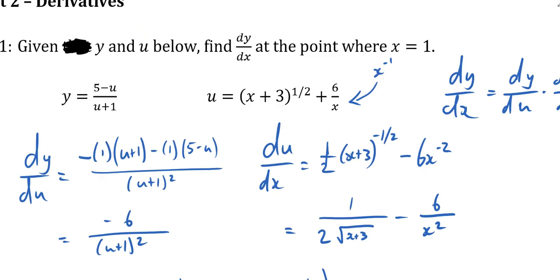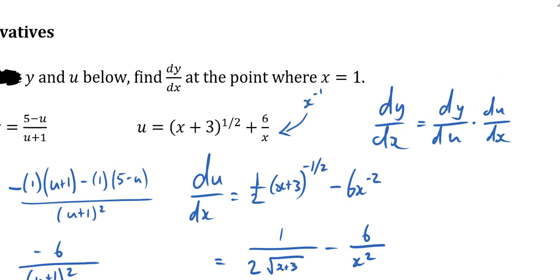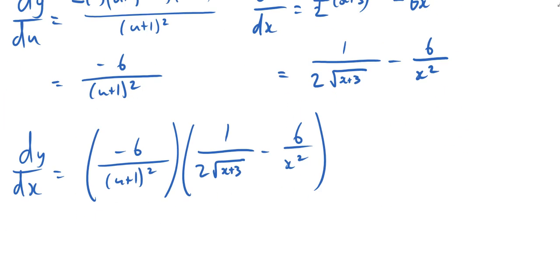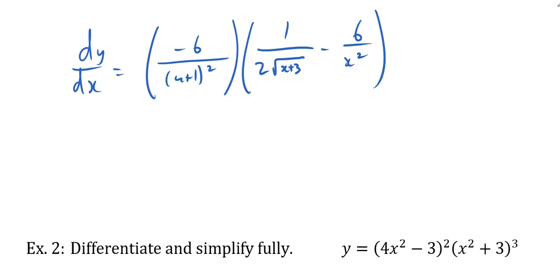I would leave it as u, and then what we're going to realize is if x equals 1, then u equals the square root of 1 plus 3, plus 6 over 1. So that's 2 plus 6, which is 8. So if x is 1, u is 8. And now I can sub in here.